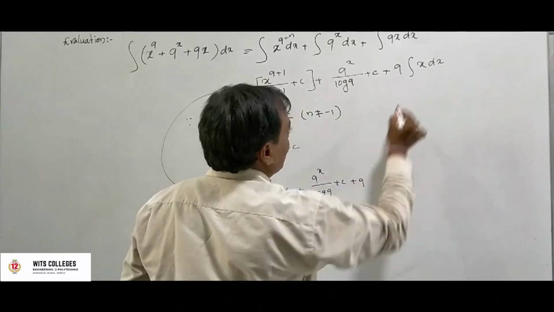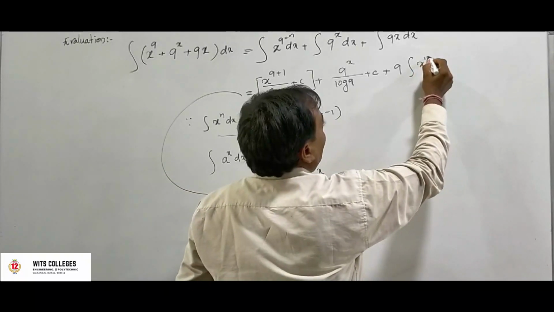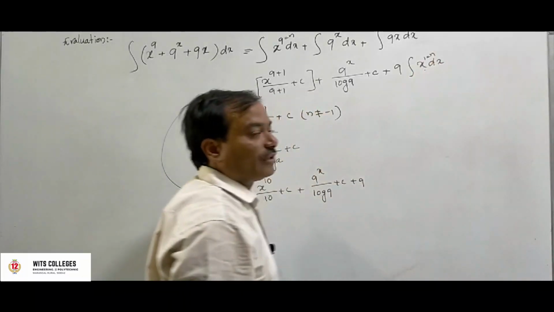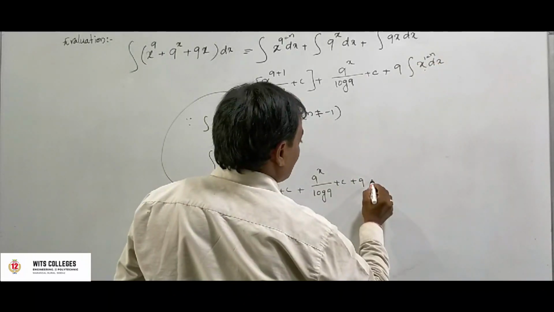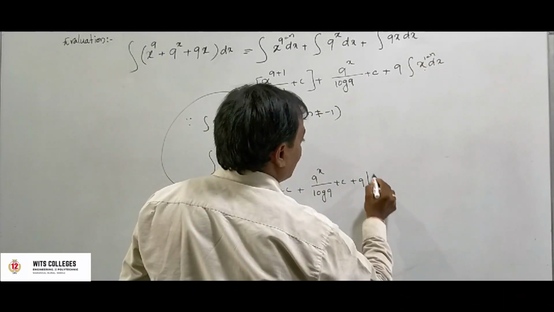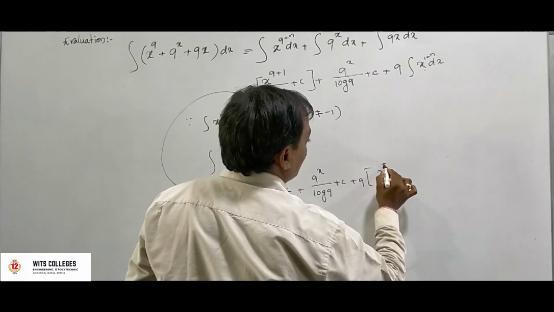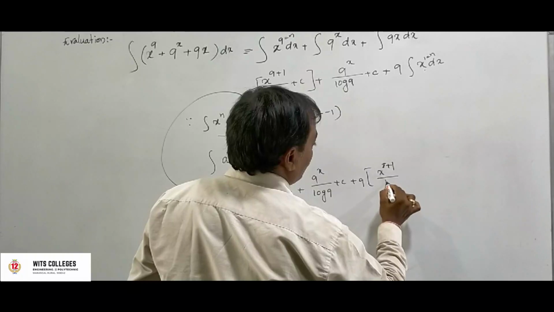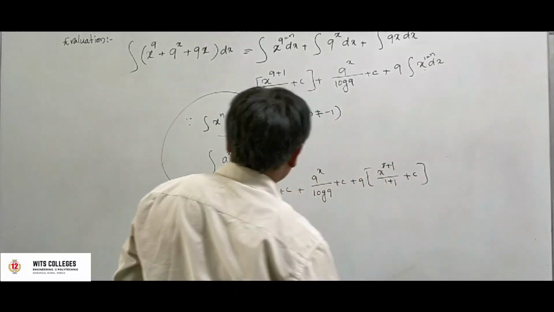And coming to this one, this is also of this form. What is n here? n equal to 1, x to the power of 1. So this integral value becomes 9 of x to the power of 1 plus 1 by 1 plus 1, because n equal to 1 here, plus c.